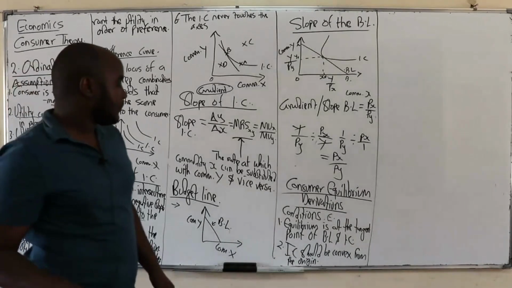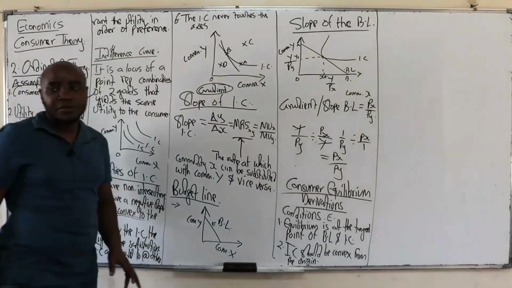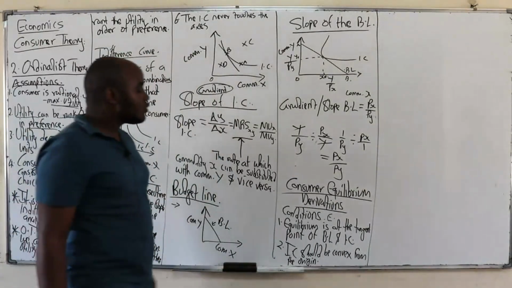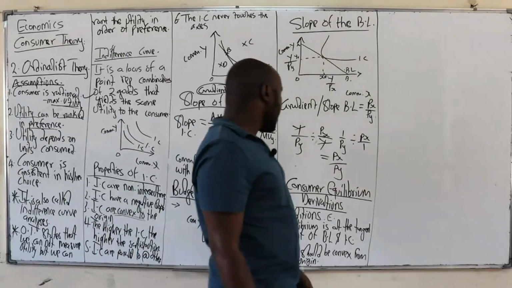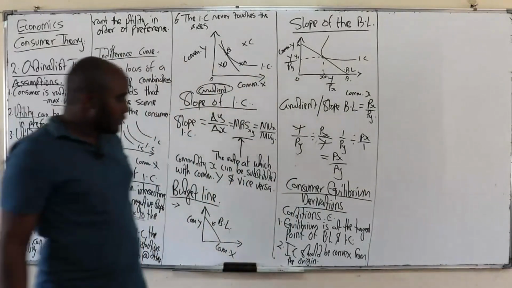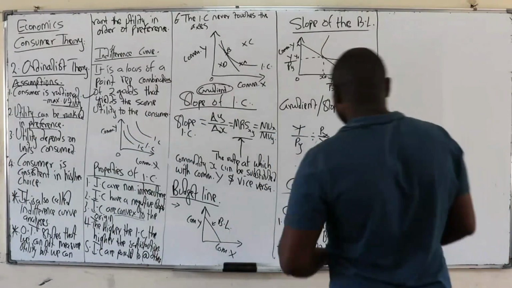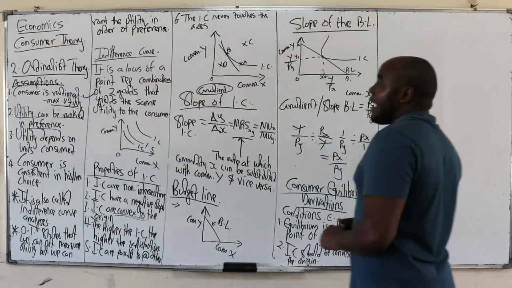These are the conditions that have to be met for us to say that the consumer equilibrium is derived, such that the equilibrium is at the tangent point of the budget line and the IC.